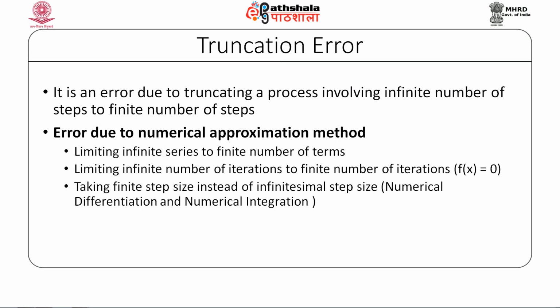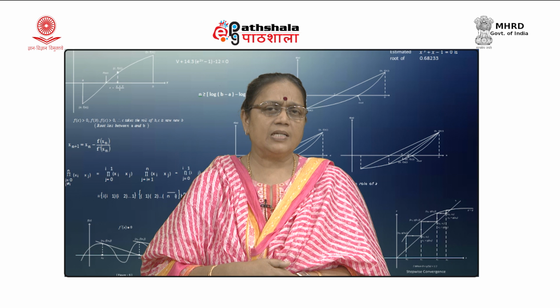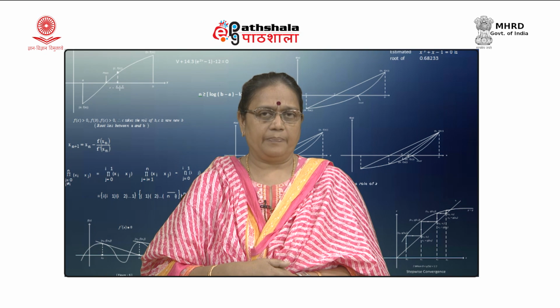Now, with this let us come to them one by one. We are concerned with two errors, truncation error and round off error. The rest of the errors, when the problem has already come, we can't help. All we can do at best is advise the people who brought their problem to us. So, first let us focus on truncation error.